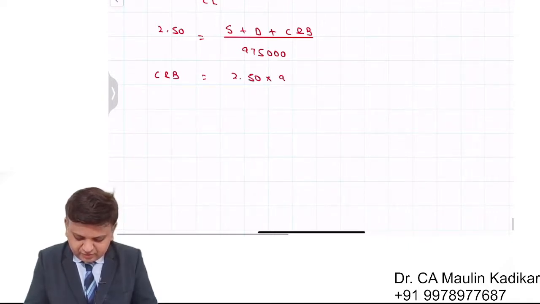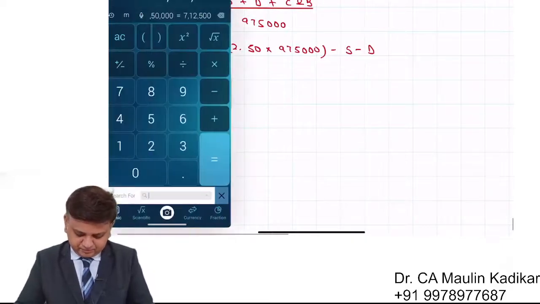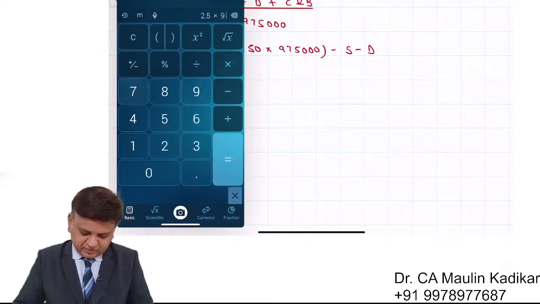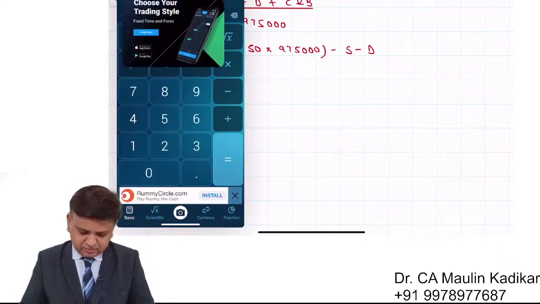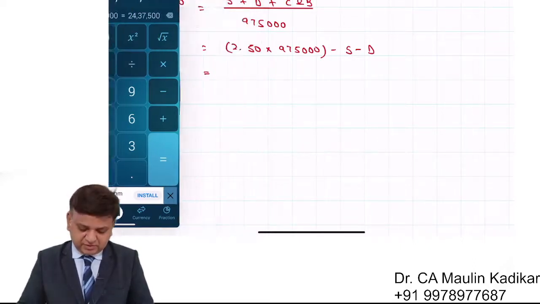So cash and bank is 2.5 into 9,75,000 minus stock minus debtors. So 2.5 into 9,75,000. That comes to 24,37,500.